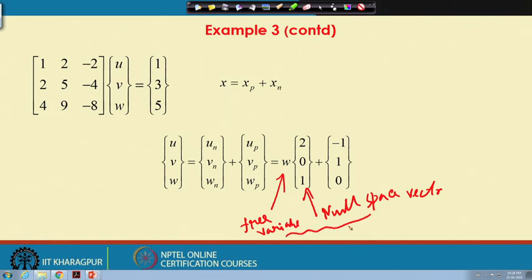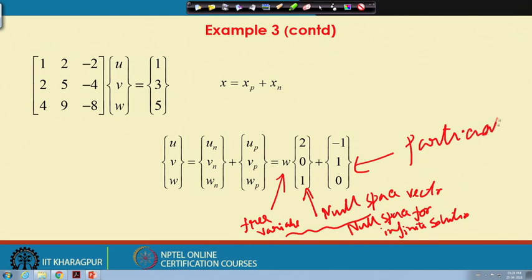So, in total they give me the null space for infinite solutions, and this becomes the particular solution which is added with the null space. So, that in total finally gives me the solution.